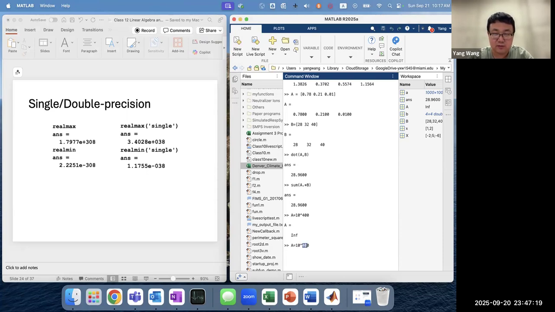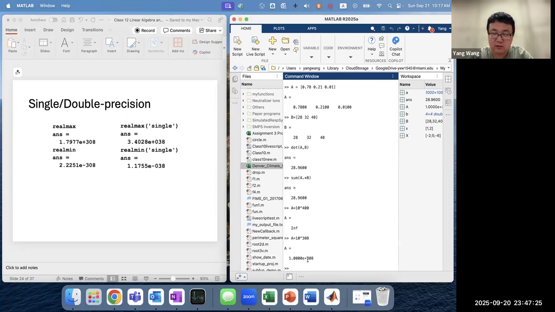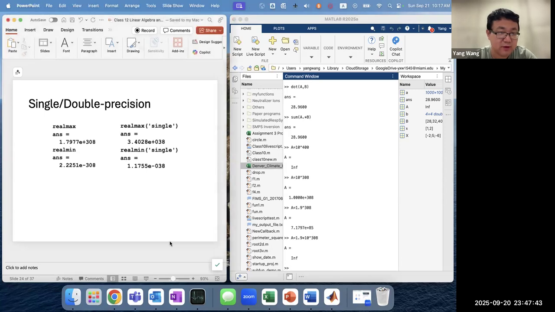You can try something near the edge. 1 multiplied by 10 to the power of 308, you can still define that. But if you define that as 1.9 multiplied by 10 to the 308 power, then it's going to become infinity.